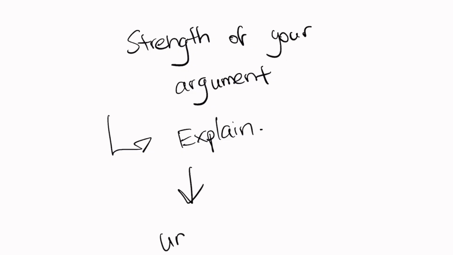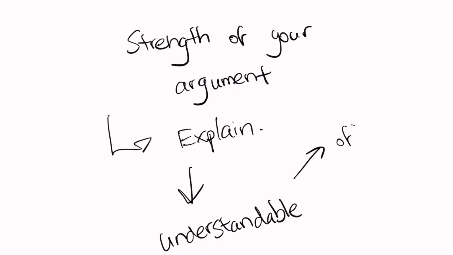And this is not only to the officer, but also to your lawyer. Because if your lawyer doesn't understand the evidence you presented, doesn't understand your argument, you are not going to be highlighting the strongest parts of your profile. Because your lawyer doesn't understand what it is that makes your profile strong.